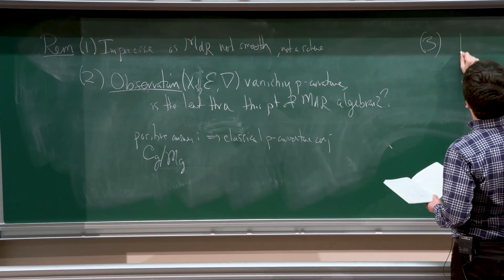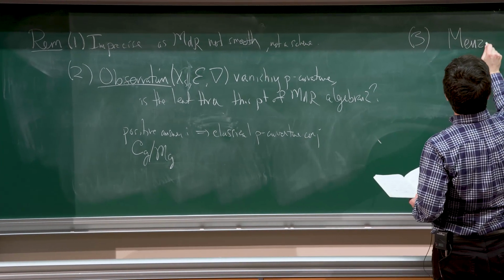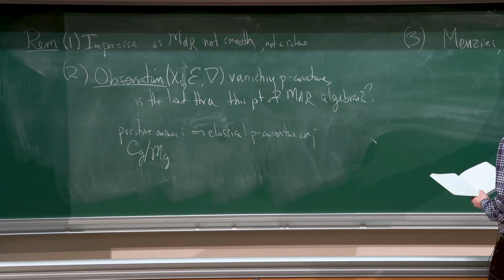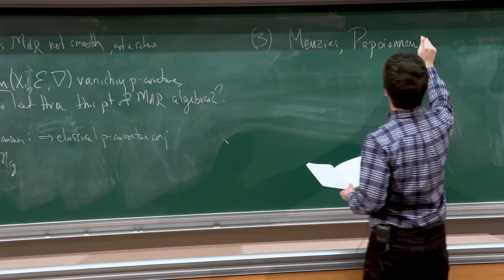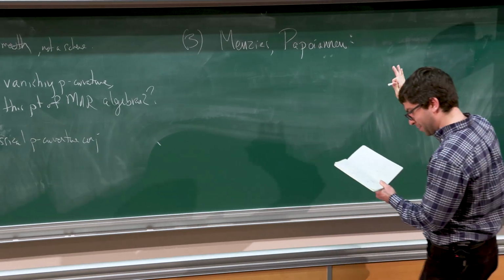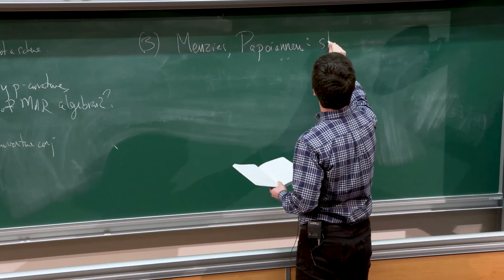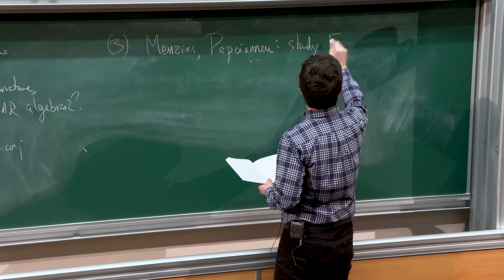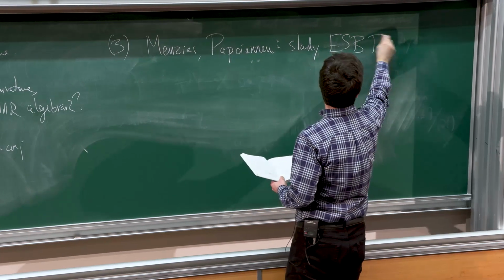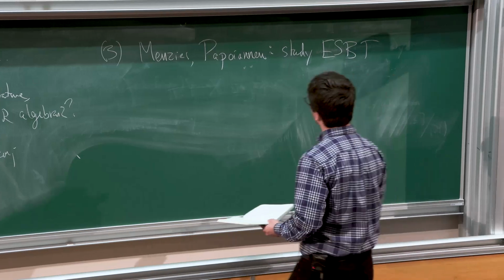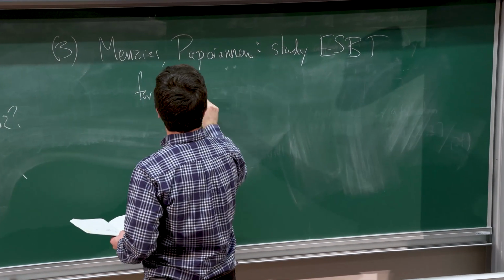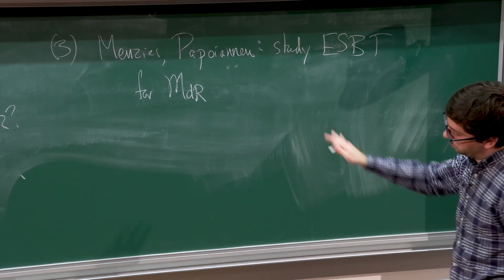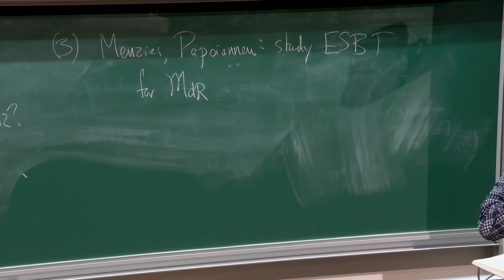In particular, Menzies and Papaioanou studied the Ekedahl-Shepherd-Barron-Taylor conjecture for M de Rham, with some very interesting partial results.